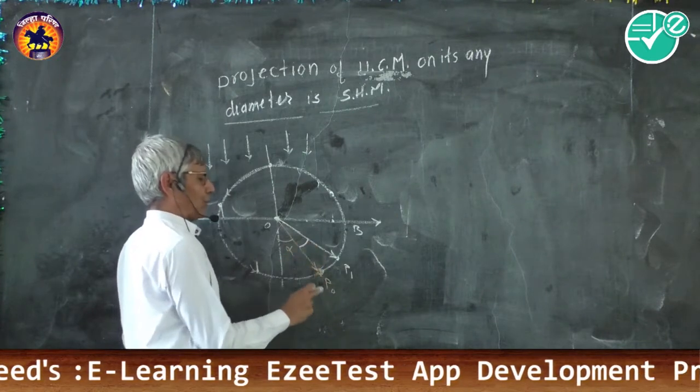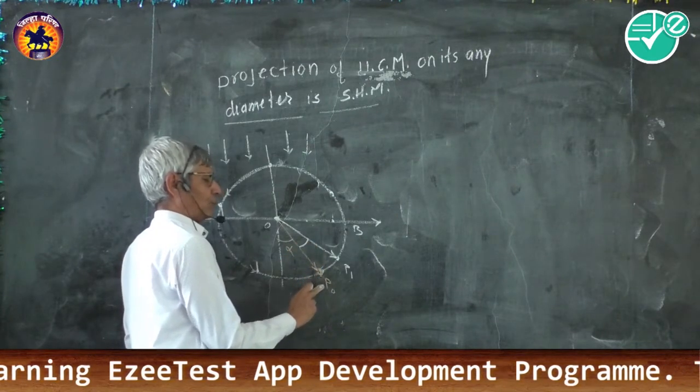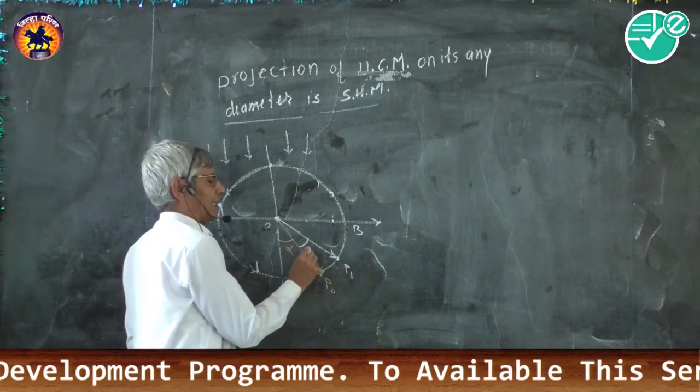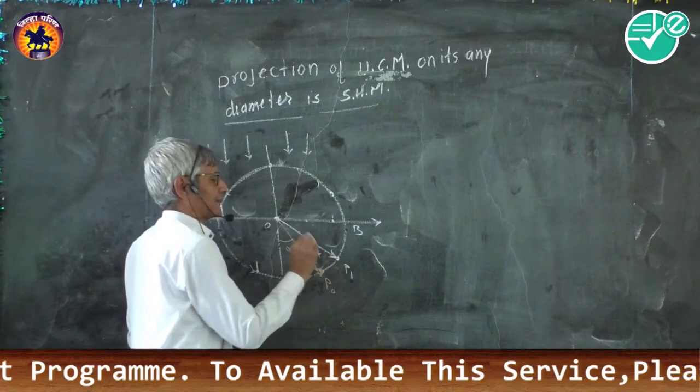If t is the time interval during which the particle in circular motion moves from point P0 to P1, then the angle traced by the radius vector will be equal to omega t.